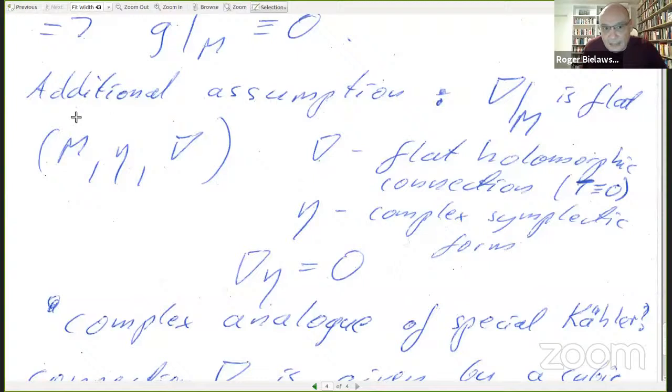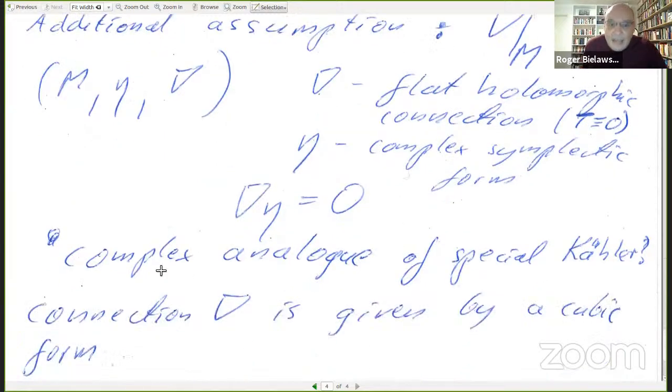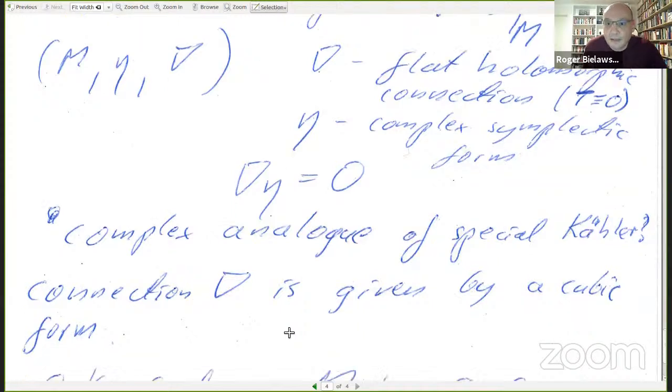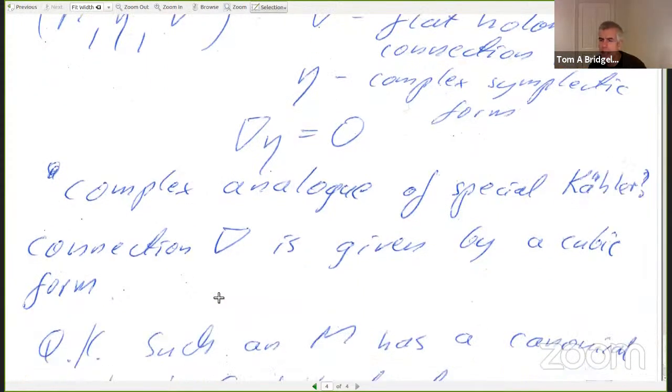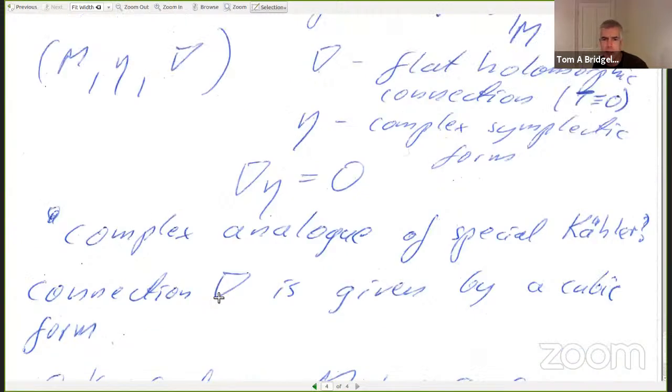So I would like to think that the geometry of M is this, perhaps with the additional assumption that this flat connection is given by a cubic, by a differential form of degree 3. I mean, certainly the expectation is that one of these physicist slices that I kept talking about is really a flat half-dimensional submanifold with respect to that Nabla you wrote down. That's supposed to have a special Kähler structure on it.